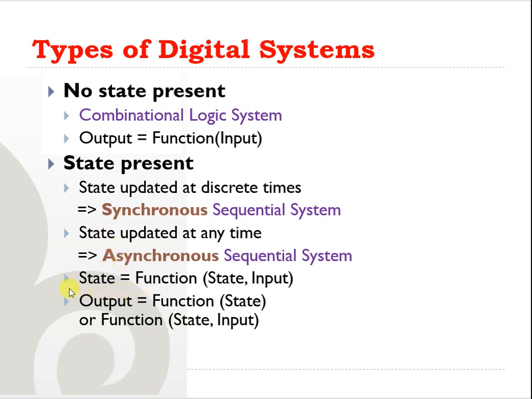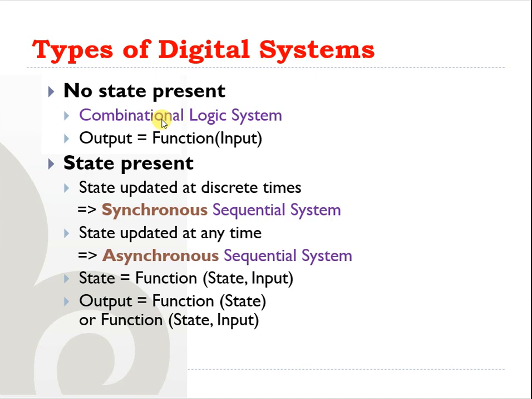The state itself will be a function of the state and the input, and the output will be a function of the state, or it will be a function of the state and the input in this case. So again, we have two types of digital systems: the combinational logic systems, which are the systems without memory, let's say.